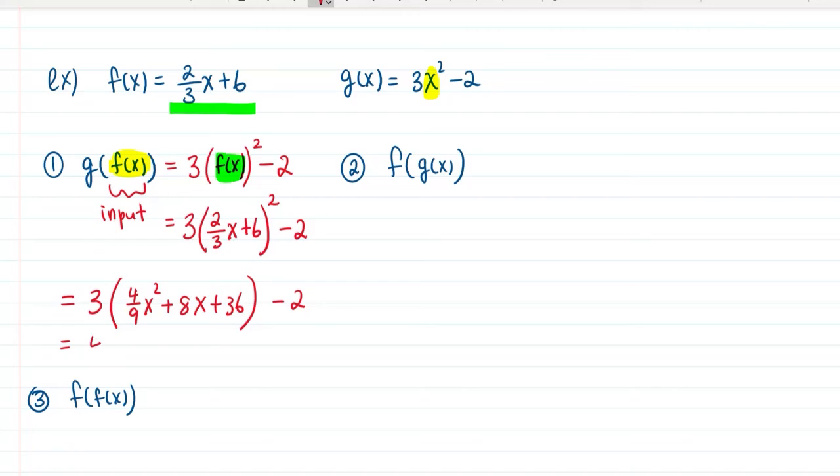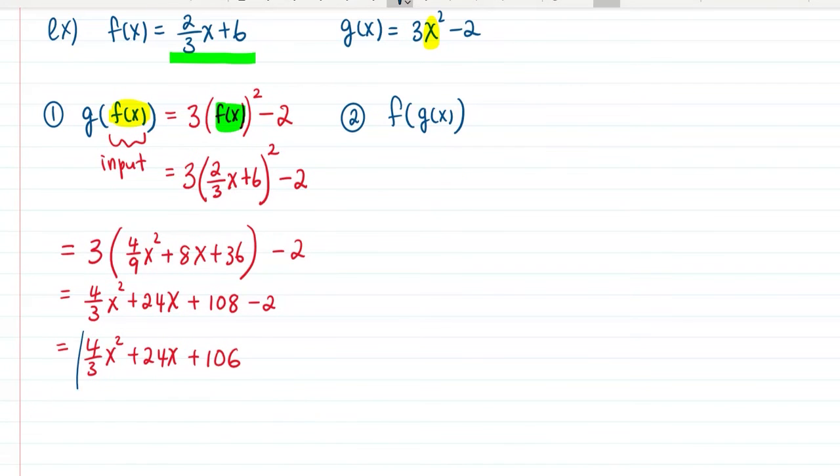So that would be 4 over 3x squared plus 24x plus 108 minus 2. So the answer is 4 over 3x squared plus 24x plus 106. And that is the value for g of f of x.